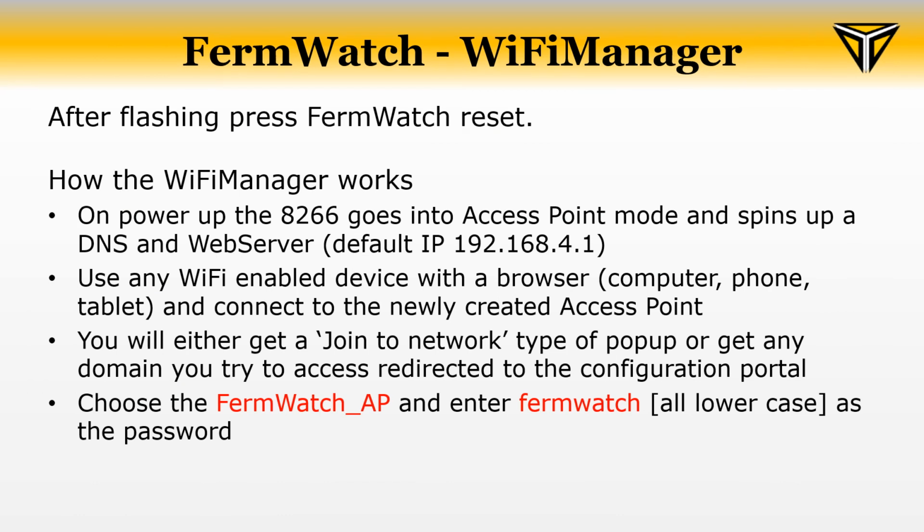Hopefully you've managed to flash FermWatch OK and press reset to launch the WiFiManager. As it says on the screen, you should get a FermWatch AP appear, and enter fermwatch, all lowercase, as the password to be able to log into the access point.